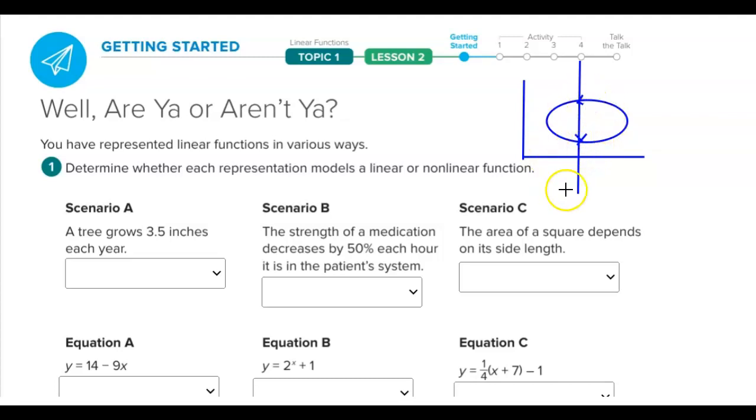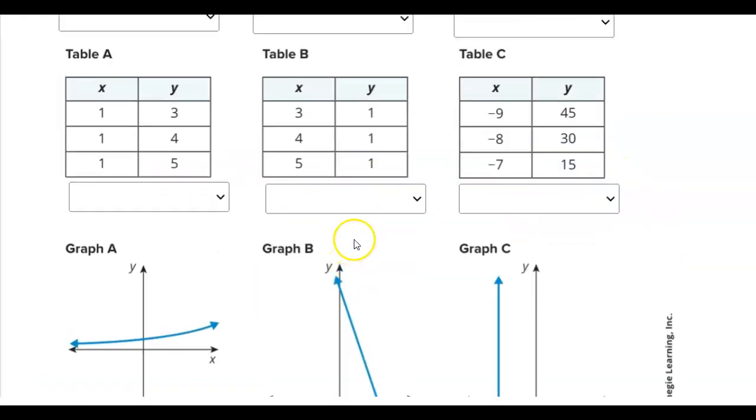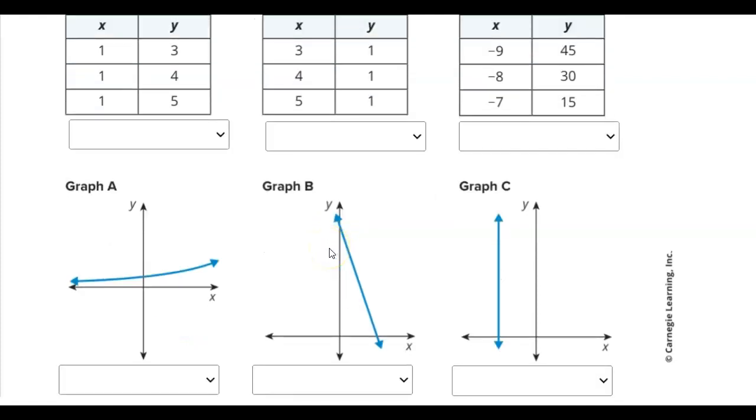So this is not a function. When you're looking at graphs or tables, think about whether the same x value has more than one y. If the same x is paired with more than one different y value, it is not a function.